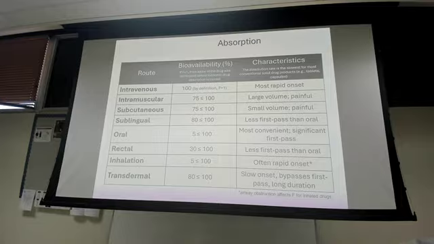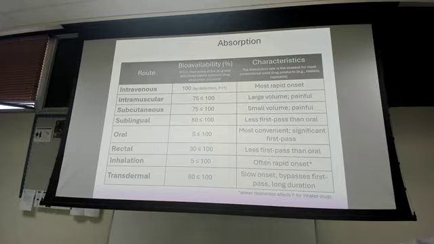So if you're ever looking at a chart, and you see it all starting all the way at the top, or at 100, that means that was given IV, versus the ones that we've been seeing so far where they were at the bottom and then you see them starting to peak up. That's letting you know that it's going through that absorption phase, versus my one at the top, my IV, it's already absorbed because I put it exactly where I needed it to go in my bloodstream, okay?